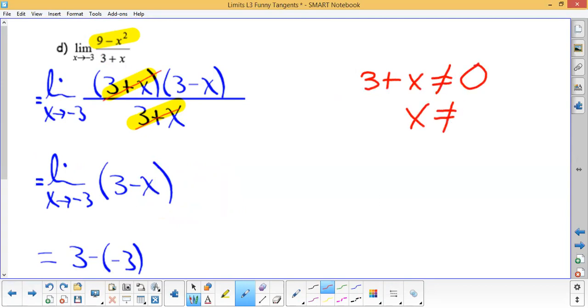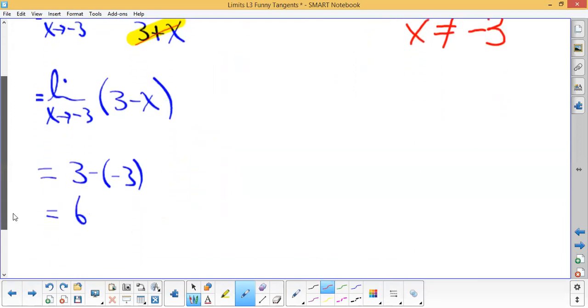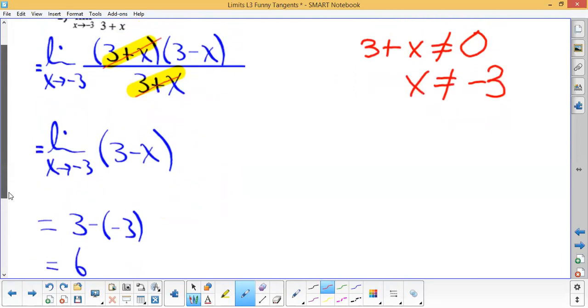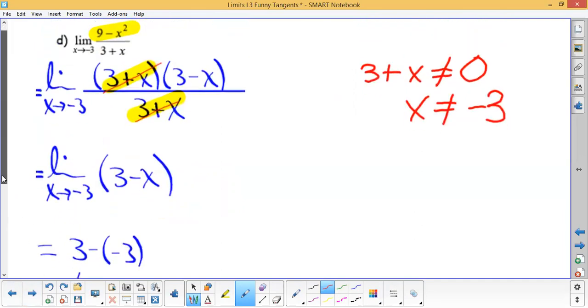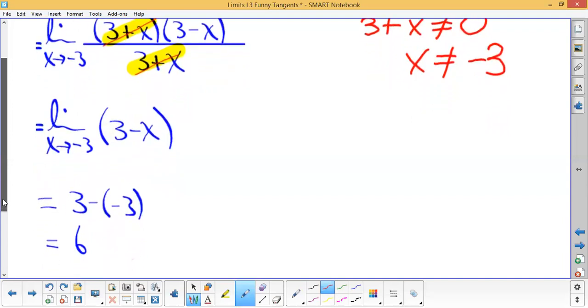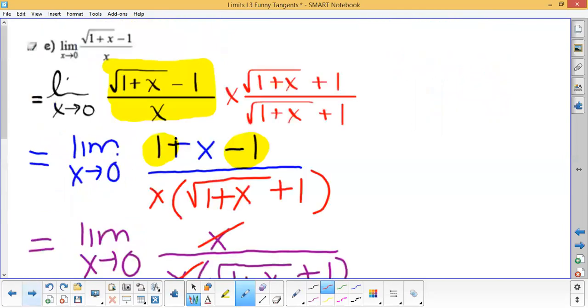That means there is a removable discontinuity at x equal to -3, which you would be unaware of if you did not factor the numerator. And I want you to try graphing all of these functions and visualizing, now that I've shown you lots of examples with graphs, to make sure that you can visualize what the limit means.